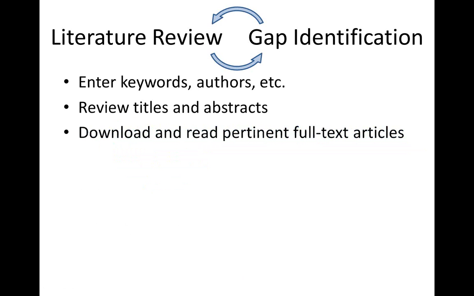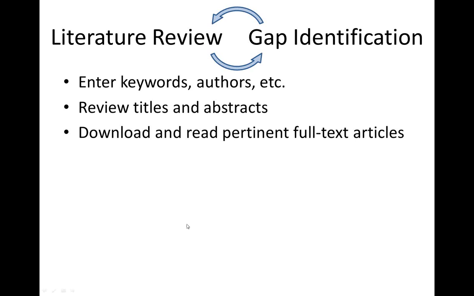Okay, so like I briefly mentioned, you can enter keywords, authors. There's all kinds of different criteria that you can search for. And when you search, you can review the titles that show up and the abstracts that show up. Each of those pieces of information helps you understand whether or not it's a relevant piece of literature for you.